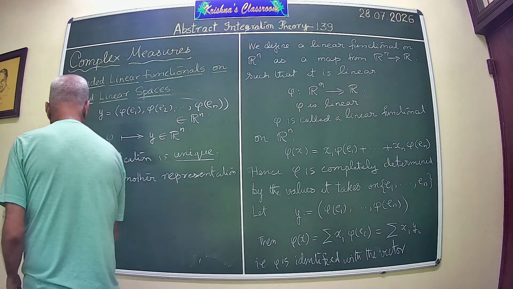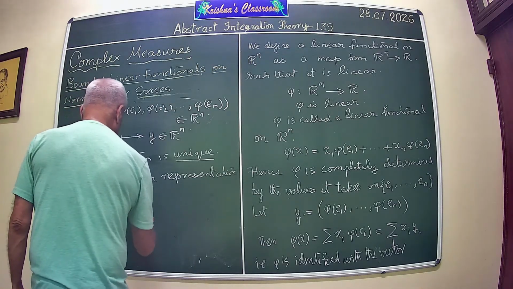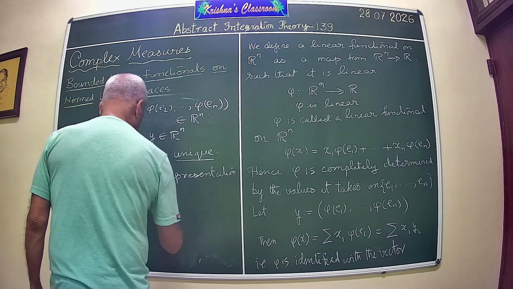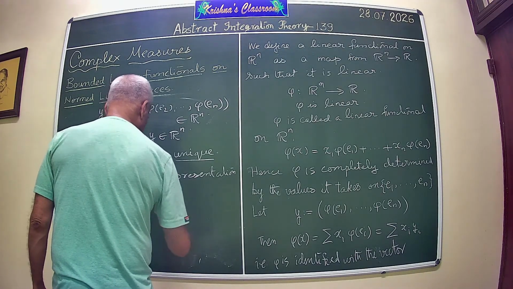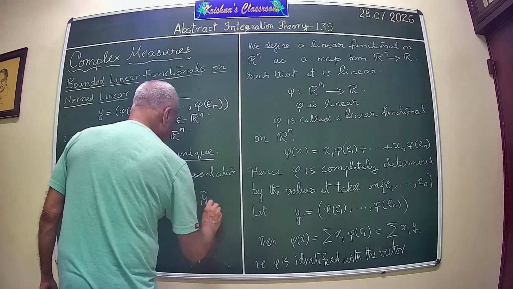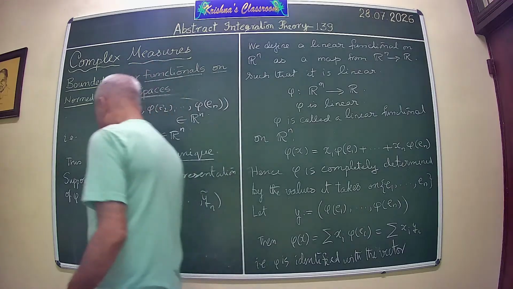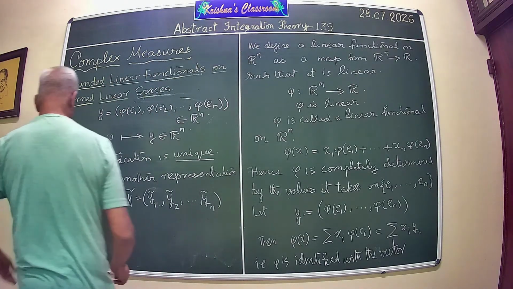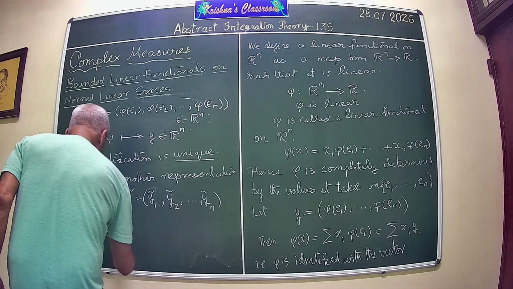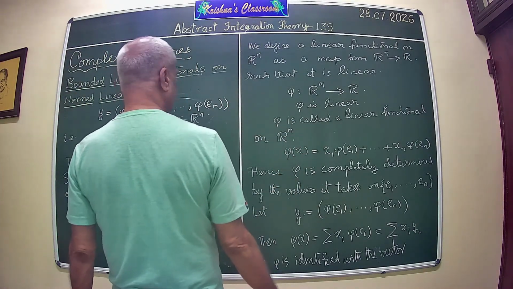Then if y tilde is equal to (y tilde 1, ..., y tilde n) with respect to the basis that we have chosen, we have sigma xi phi ei is yi.